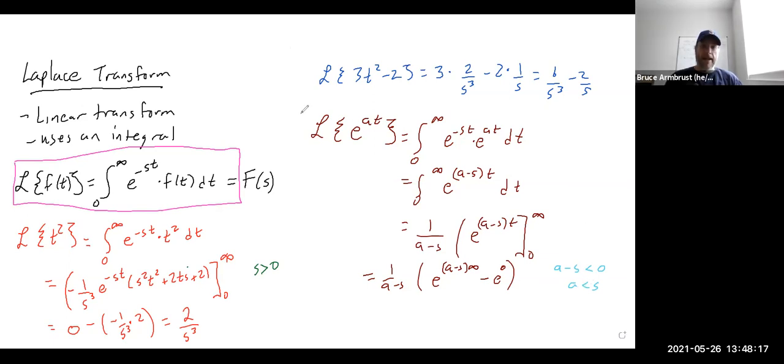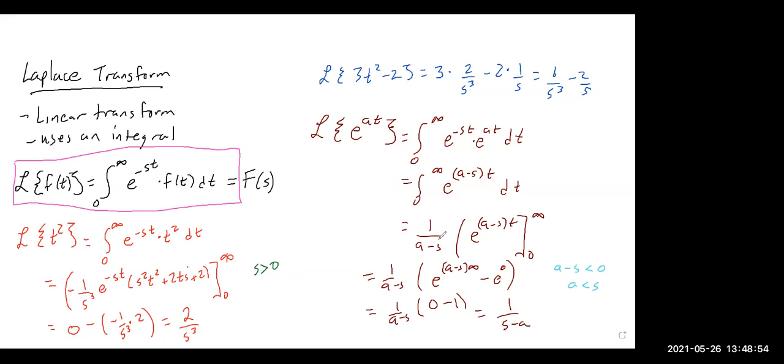When s is bigger than a, this becomes 1 over (a minus s) times (0 minus 1), which gives us 1 over (s minus a). The minus sign just switched the order of those things. All right, there you go, guys. You now have the Laplace transform for any exponential function. Done.